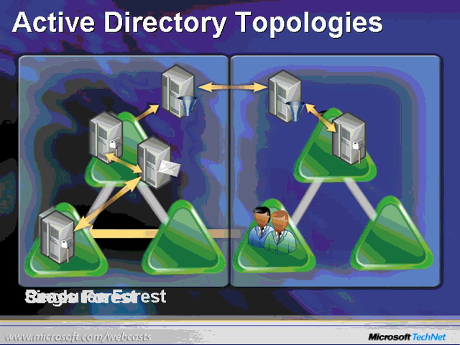And in this topology in 2007, we totally, fully, 100% support as well. So there are some features in 2007 where you can create linked mailboxes and so forth, so that you can actually create a mailbox in the resource forest that links to a security principal in a different forest, which was not something you were able to do prior to Exchange 2007.